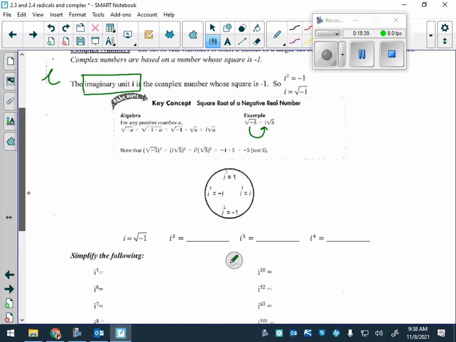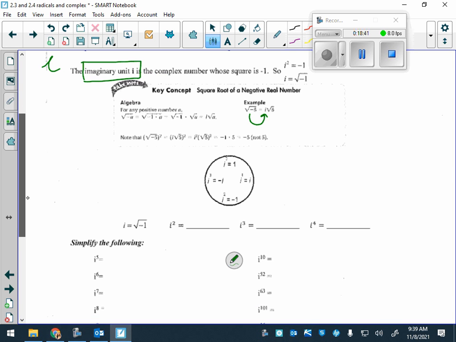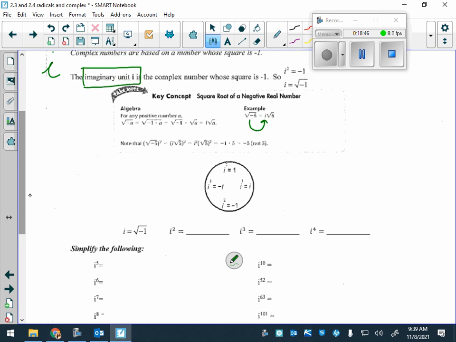This little circle below, on mine it's hard to see because it was scanned in, is what we have to memorize. This little circle repeats the process every 4. So anything to the 0 exponent, i to the 0 equals 1.